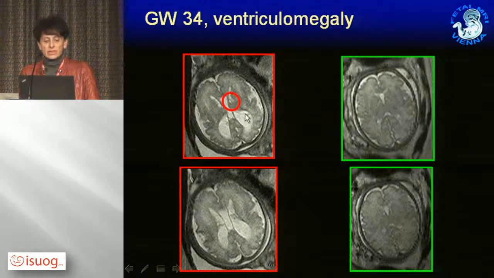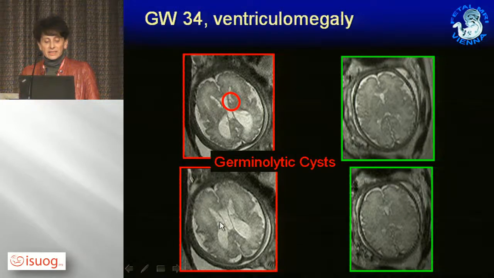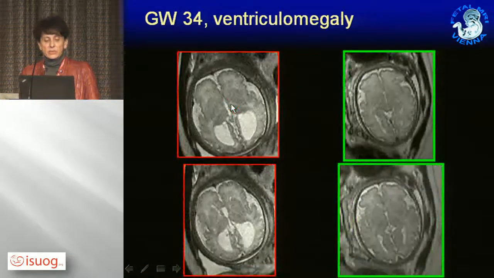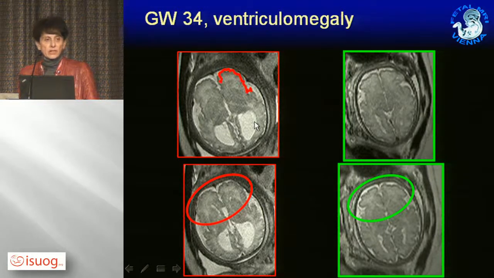Well, you see the ventricles are wider. What you also see is there are some subependymal cysts and germinolytic cysts, if you want. And if you look at the frontal cortex, there are way too many gyri and sulci compared to the normal one. So this is bilateral frontal polymicrogyria.